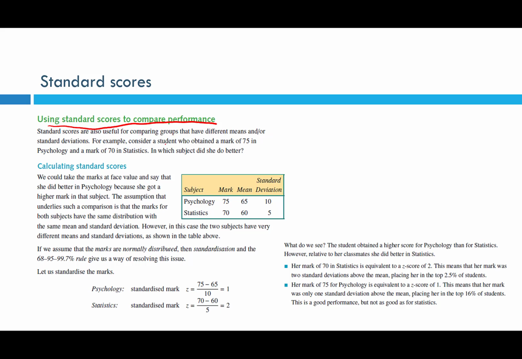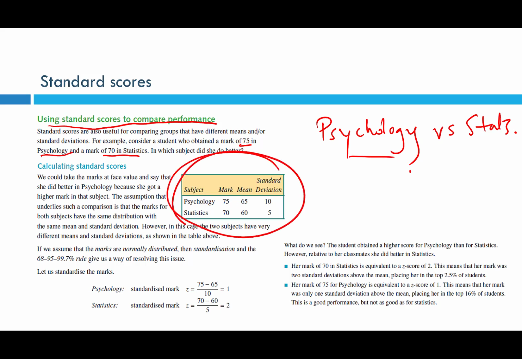For example, consider a student who obtained a mark of 75 in psychology and 70 in statistics. So I'm comparing psychology versus stats. I want to see in which subject they did better, and the best way to obtain that is using your Z scores.